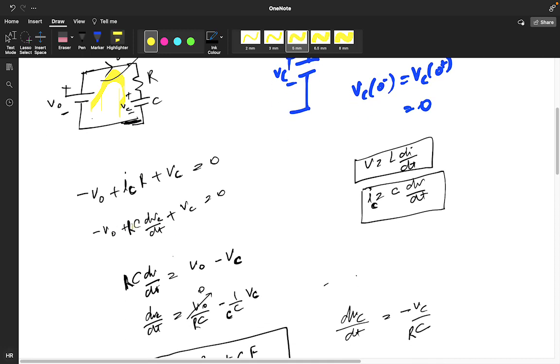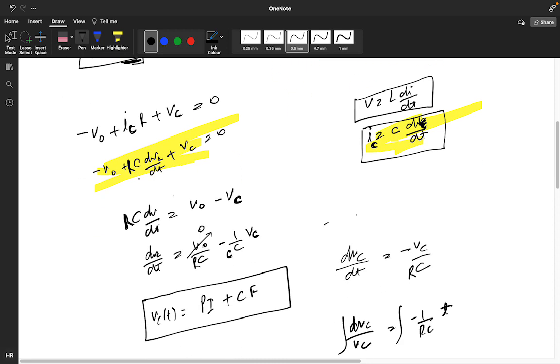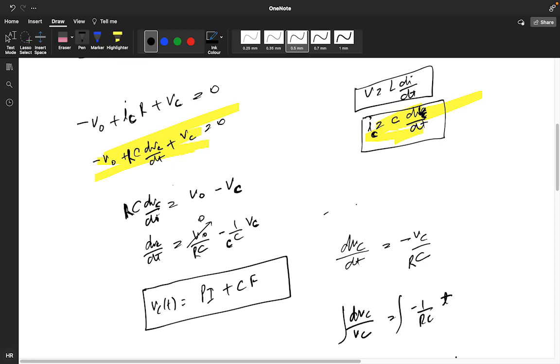We know that Ic is C dV by dt, where V denotes Vc, the voltage across the capacitor, so C dVc by dt. After solving this, I get RC dVc by dt is equal to V naught minus Vc.